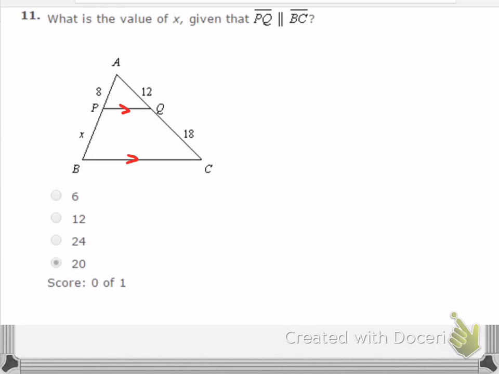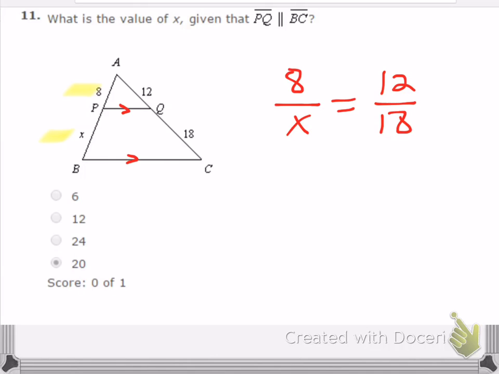So in this particular case, 8 divided by x, and we get that from these two sides here, 8 and x, is going to be equal to 12 divided by 18. And this proportional relationship is going to exist, and as always we revert back to our algebra skills.